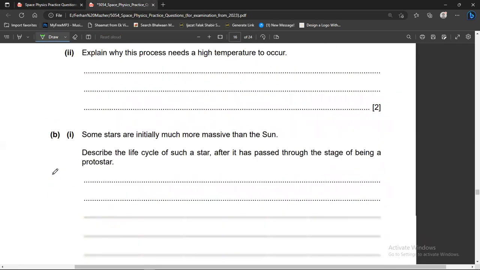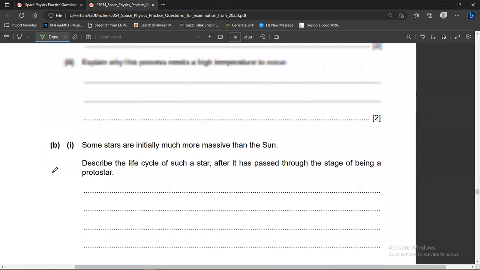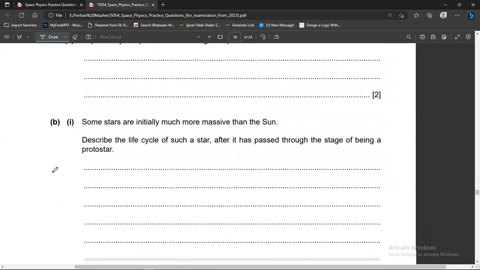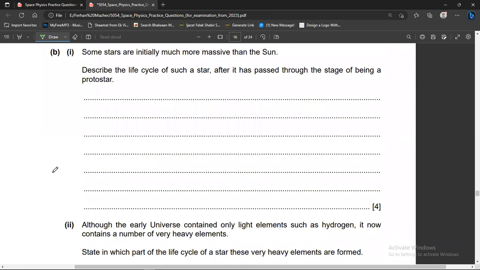Okay. Then we have question number 5, its B part. It says, some stars are initially much more massive than the sun. Describe the life cycle of such a star after it has passed through the stage of being a protostar.